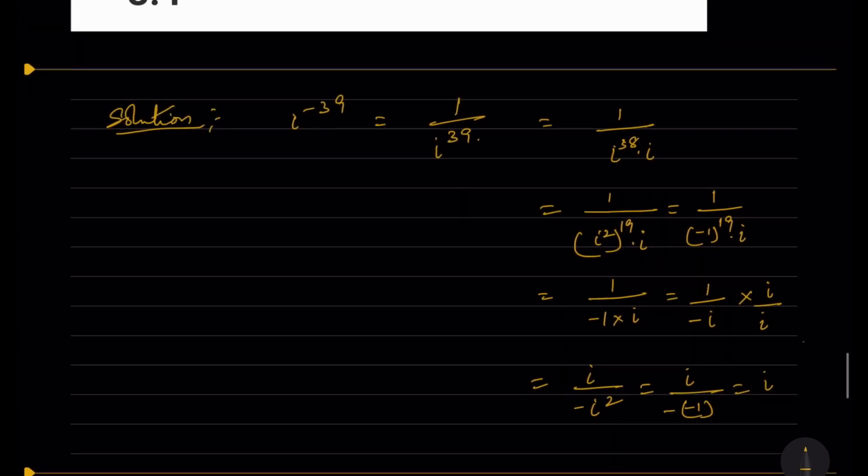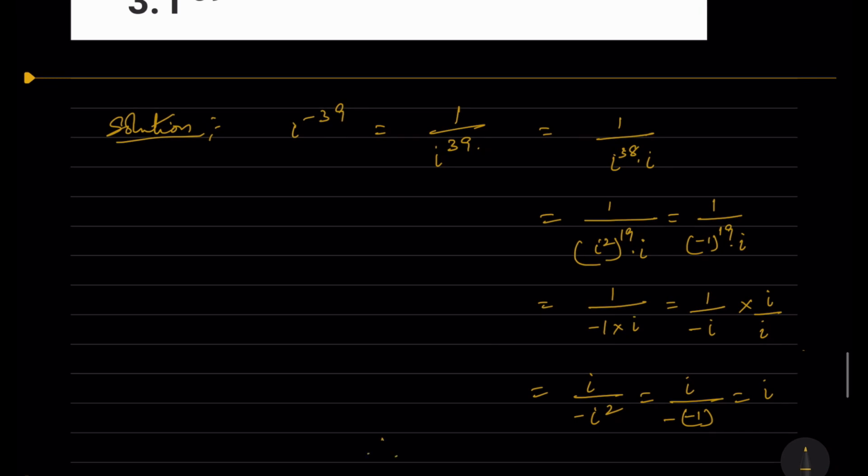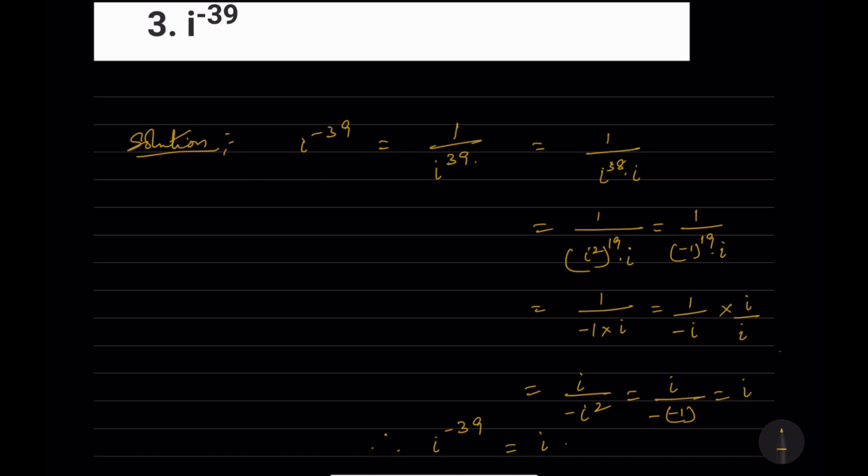Therefore i to the power of minus 39 is equal to i, which can be written as 0 plus i, because it has to be written in the form a plus ib, where a and b are rational numbers. This is in the form a plus ib, so it's a complex number.